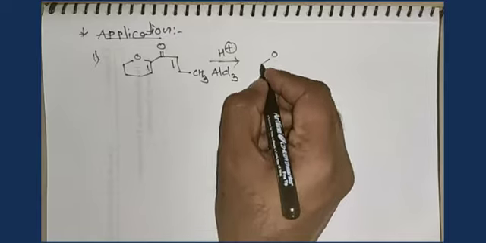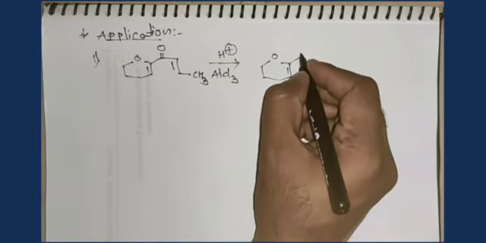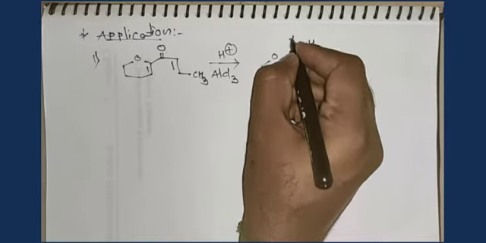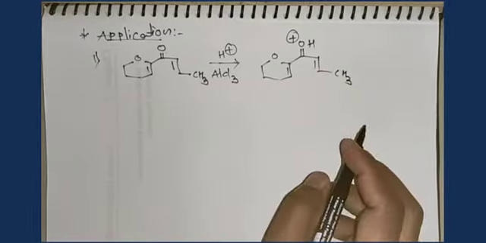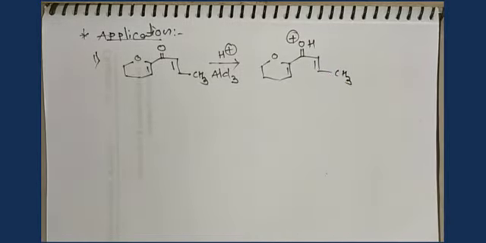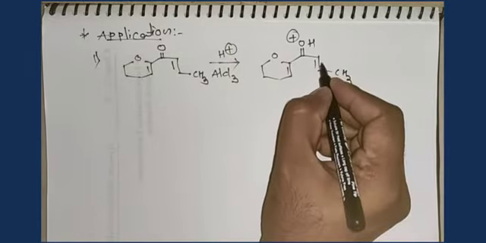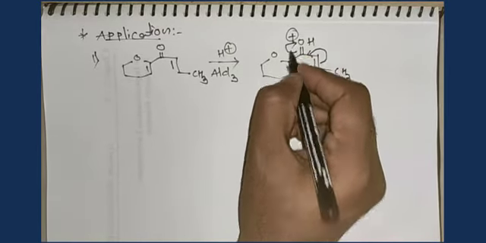Okay, let me discuss the mechanism also because it's the first example of this reaction. So here OH positively charged, here is the methyl group. Now what we are going to do, I am just telling you two steps together. This bond transfers to here and this bond transfers to oxygen.